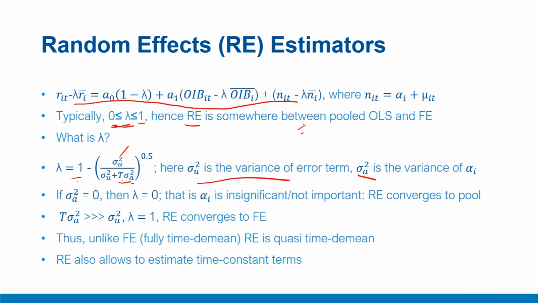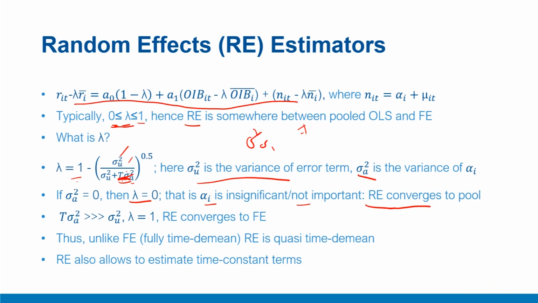Now recall, if we have reason to believe that sigma alpha square, the variance of unobserved heterogeneity, is relatively very small or close to 0, then we can ignore it and the resulting value of lambda is 0. So in the case where alpha i and its variance are insignificant, very small, then random effects converges to the pooled model.